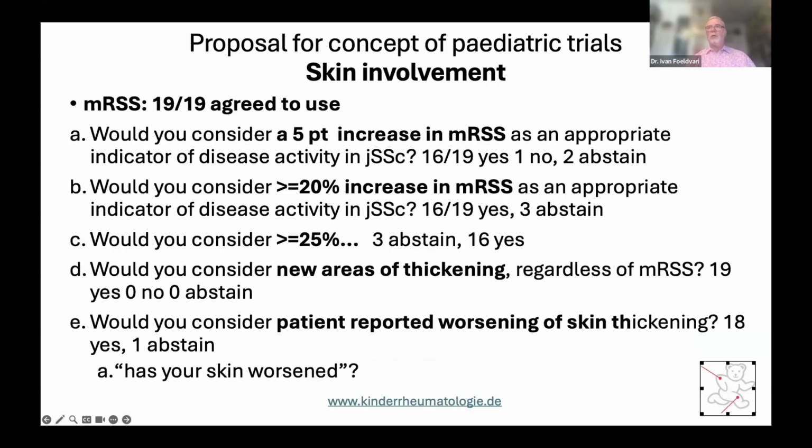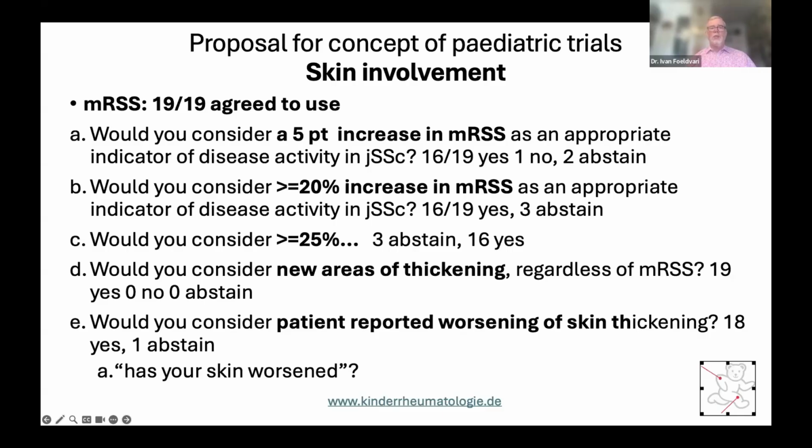So we use the modified Rodnan skin score. What we agreed is an activity marker if it is moving, and it is considered moving if it changes by 5 points. So if you count the regions and you have the score from 0 to 3, the total score gets 5 points higher, or you have an increase of over 20% or 25%, or there are new areas which were 0 before, and you get skin thickening.